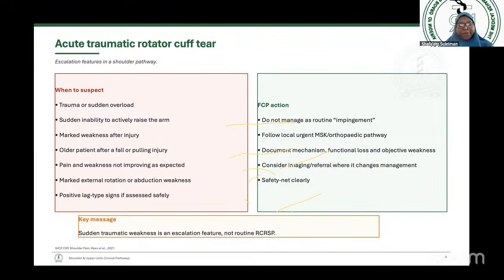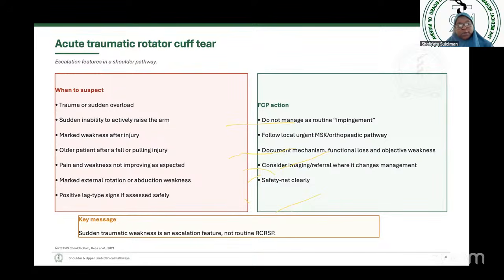So whenever there is trauma with significant loss of function, after your assessment, the next line of management shouldn't be treatment. Yes, you can treat in the sense of pain management. You can maybe liaise with your GP so they would know what sort of medication to best prescribe for the patient to help with the pain.